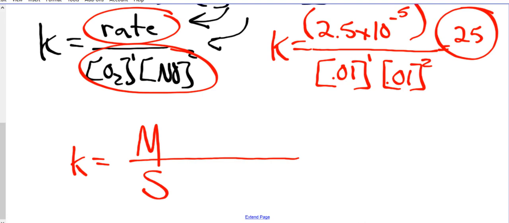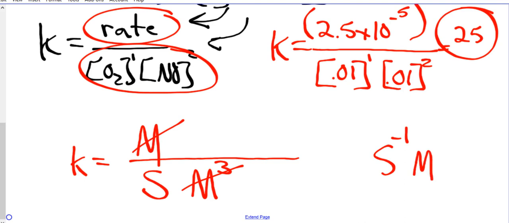And then on the bottom, you had molarity cubed, because you had molarity to the first and molarity squared there. So really, one of these can cancel out, correct? So you end up with the unit being s to the negative 1, molarity to the negative 2.